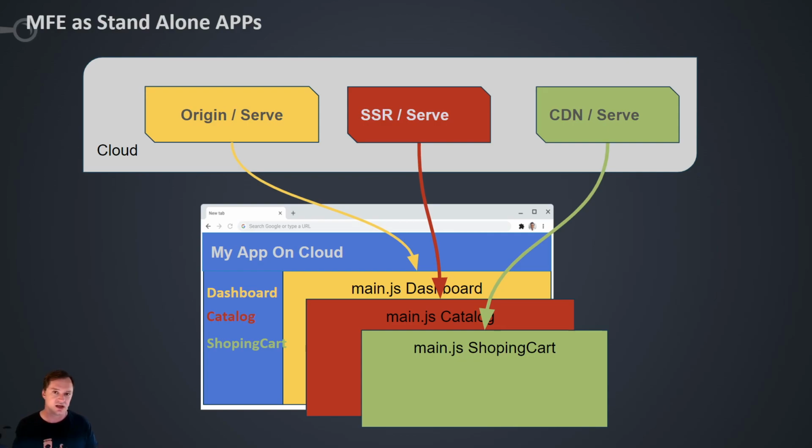It can be in iframes, it can be with another framework called single-spa. There are also other options, but basically the meaning is that there are different standalone applications that the host can combine and navigate between.